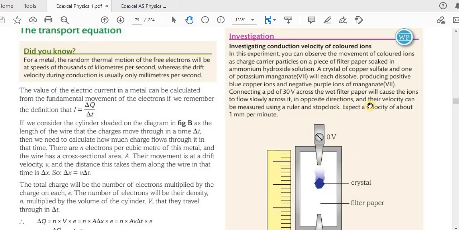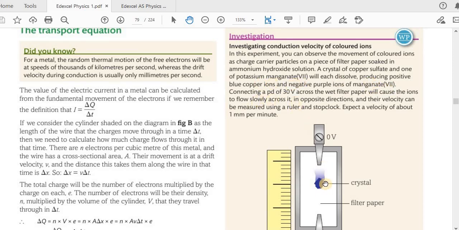Then a crystal of copper sulfate and one of potassium manganate will each dissolve, producing positive copper blue ions, that is from the copper sulfate you get the copper ions, and negative purple ions of manganate 7, that is from the potassium manganate 7.